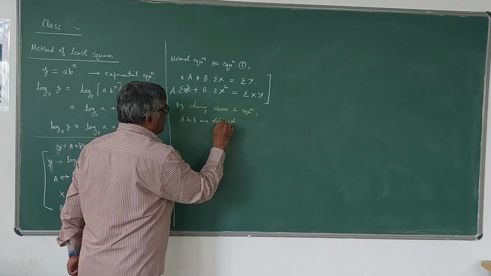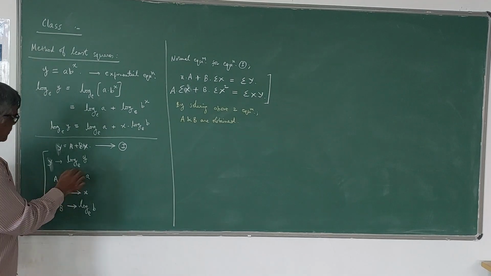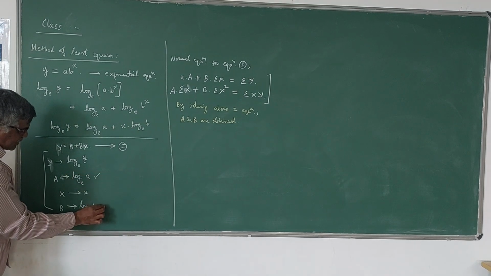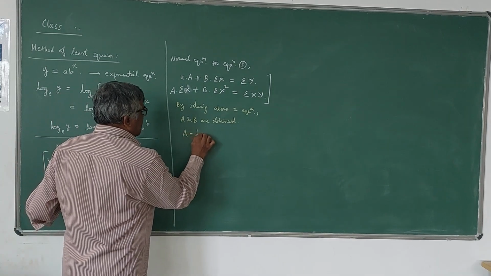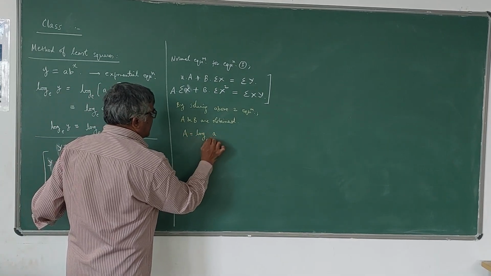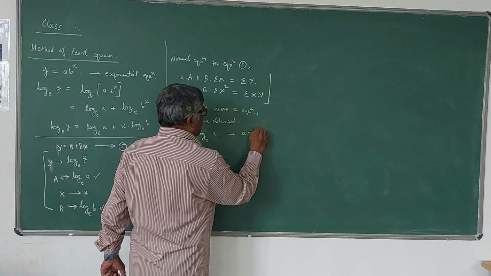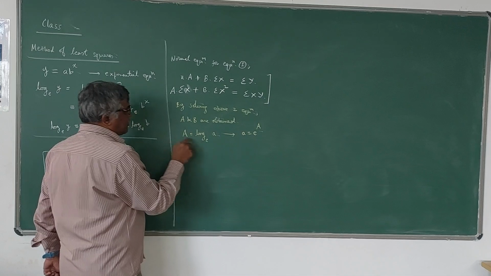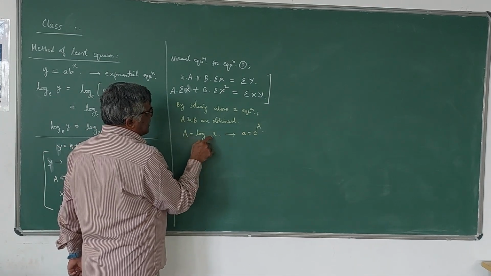Once you obtain capital A and capital B, now by using these relations, the first relation is this, the second relation is this. So we have capital A is equal to log a to the base e. That means small a will be e to the power of capital A. You can convert this logarithmic equation to an exponential equation like this: e power A is equal to a.